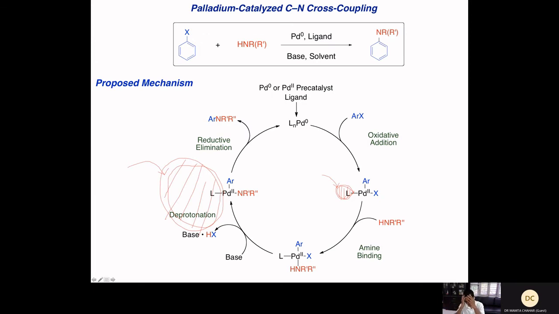This is a classical problem, I would say, which tells us that the design of the ligand has to be such that in one case the ligand is small and electron rich, and the same ligand can act as big and electron deficient in the subsequent reductive elimination step.